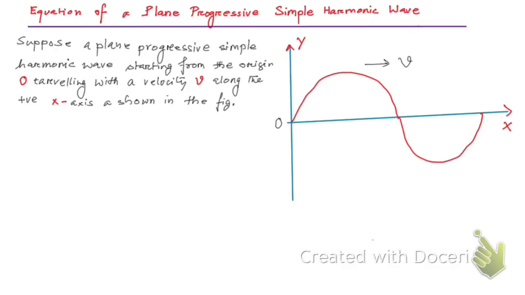Now let us consider a point at position x at an instant t. The displacement of this point, suppose small y, will be given by y equal to a sin(omega t minus phi).